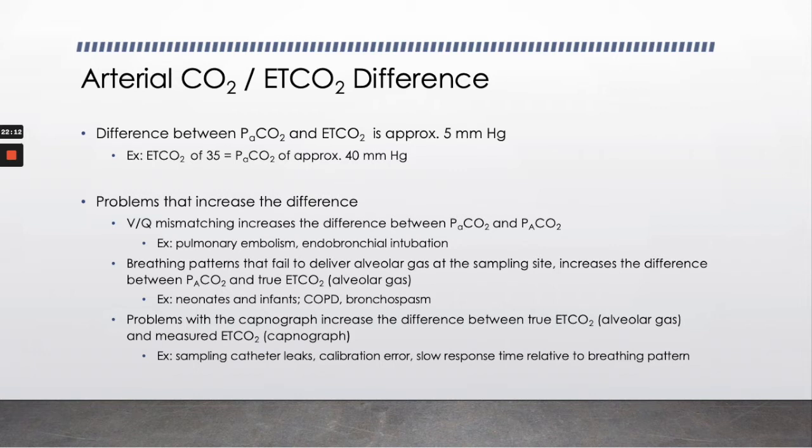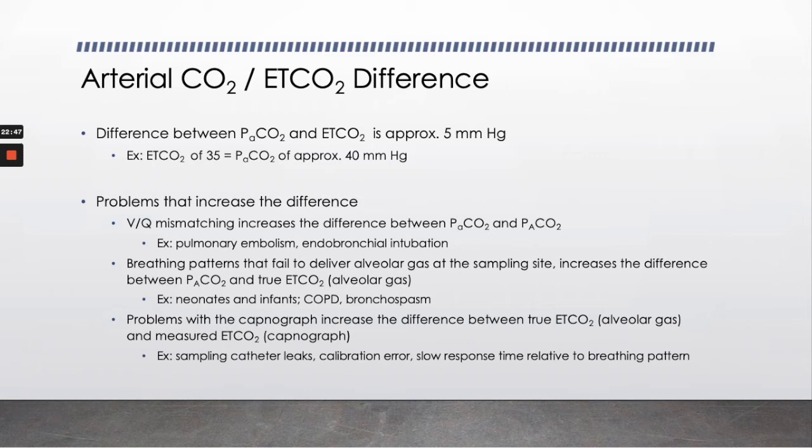And then we have some breathing pattern problems. Breathing patterns that fail to deliver alveolar gas at the sampling site increase the difference between alveolar CO2 and true end-tidal CO2. When the book refers to true end-tidal CO2, that's referring to alveolar gas, the alveolar CO2. For example, in neonates or infants, because they have a rapid breathing rate, and COPD or bronchospasm.